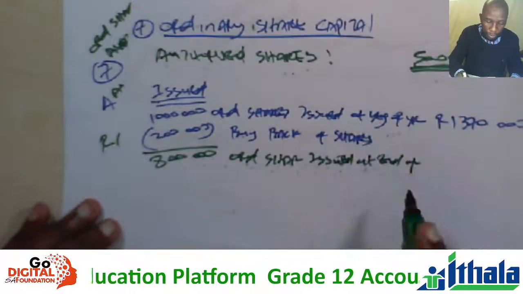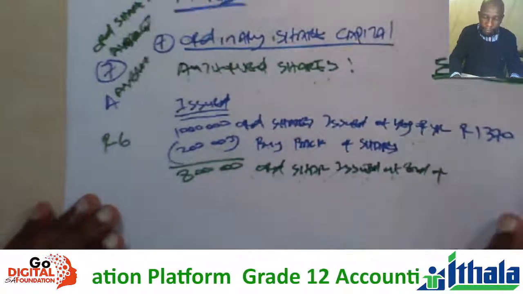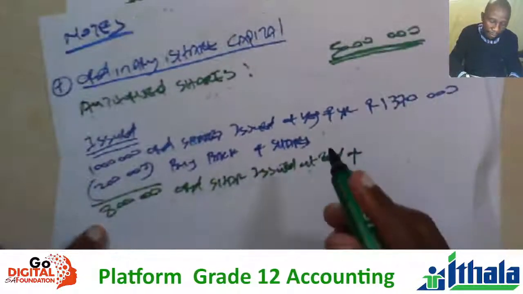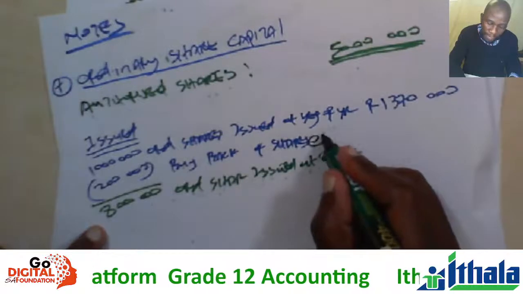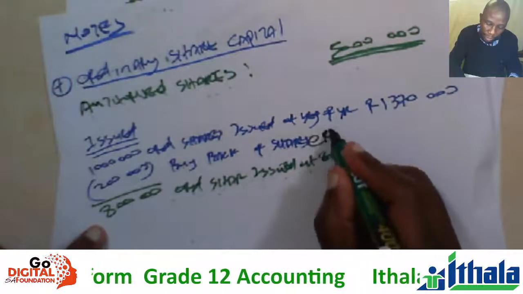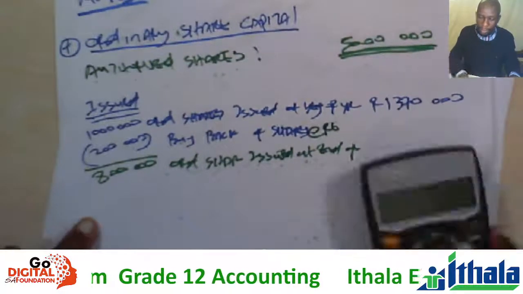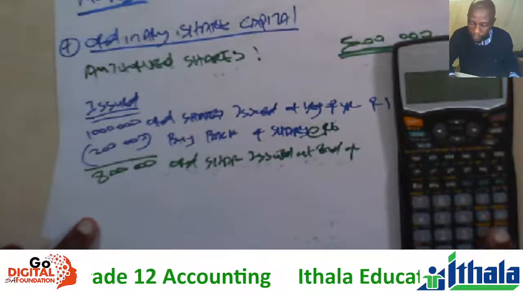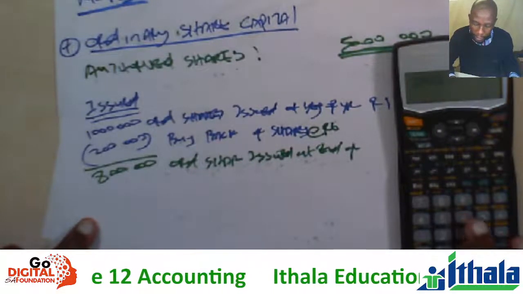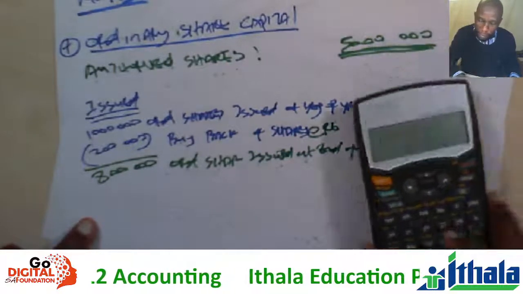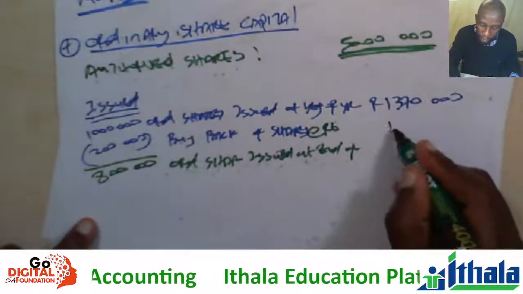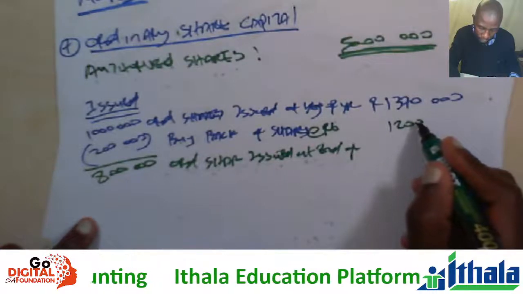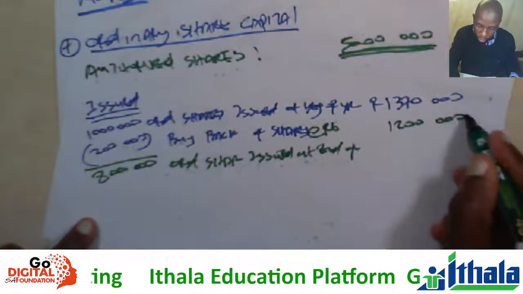Remember, we are doing note number 7. For note number 7, it's the average of R6, so we always use the average. We times by R6, 200,000 times 6, you get 1.2 million.